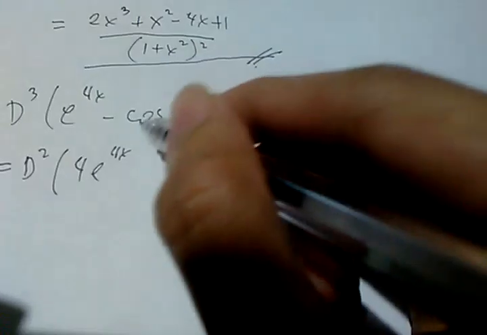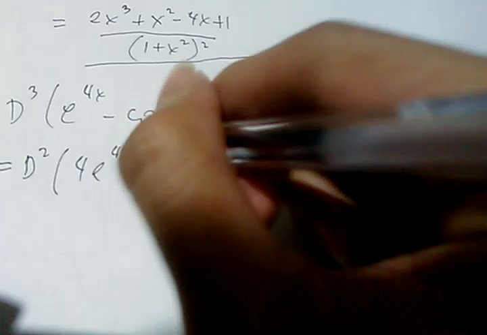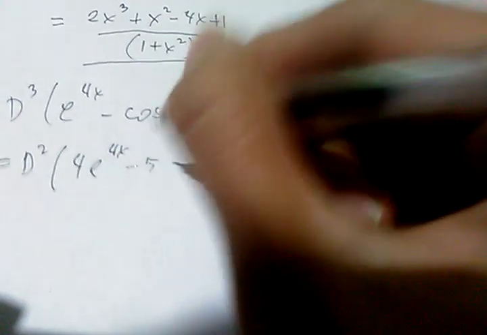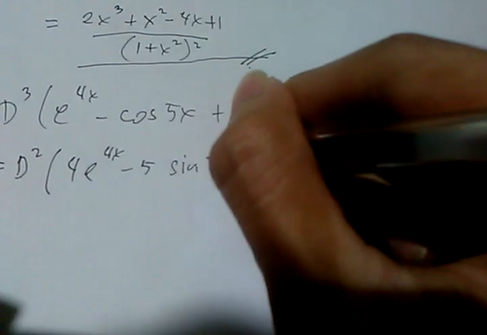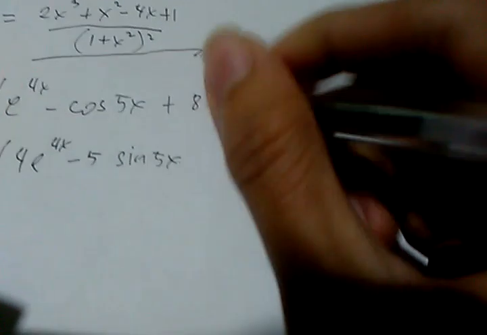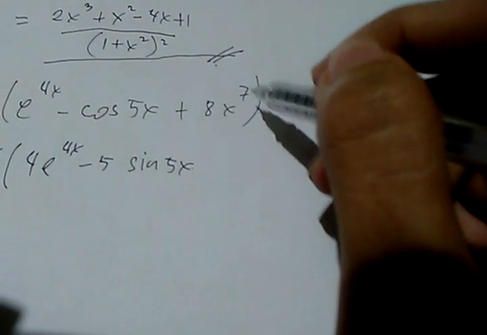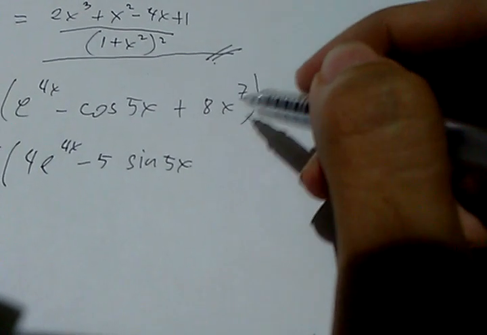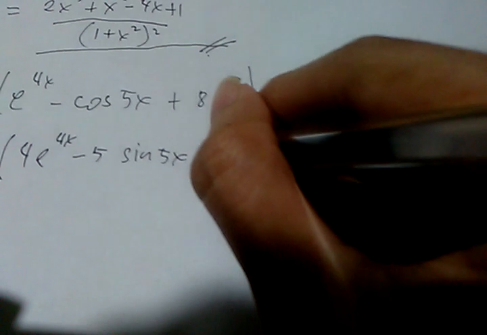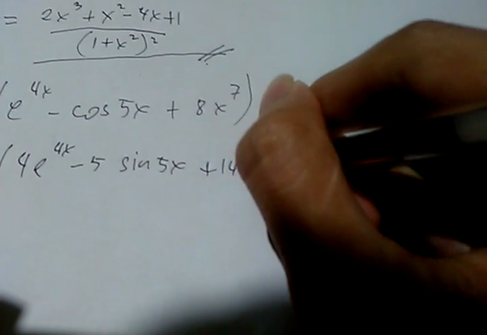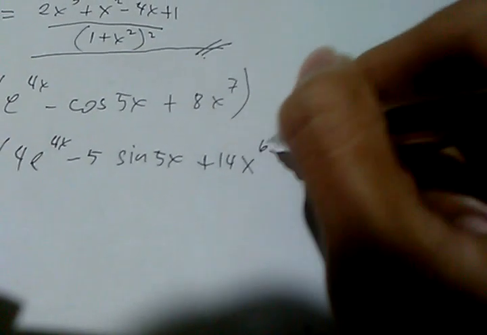Then negative cosine 5x gives negative 5 sine 5x. Then for 8x raised to 7, its derivative is positive 14x raised to 6.